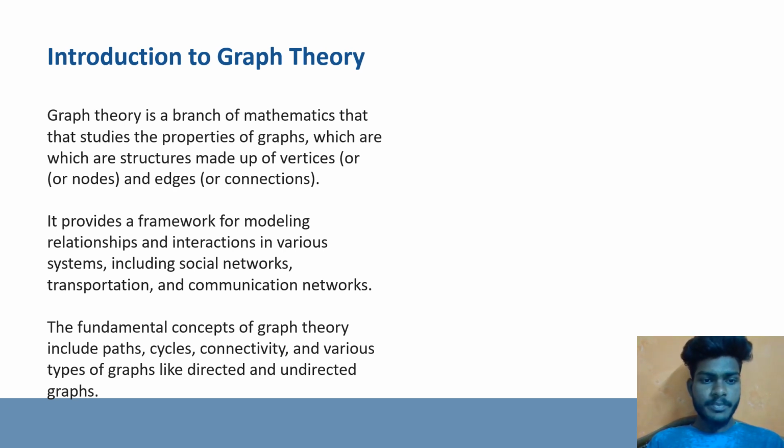It provides a framework for modeling relationships and interactions in various systems, including social networks, transportation, and communication networks. The fundamental concepts of graph theory include paths, cycles, connectivity, and various types of graphs like directed and undirected graphs.